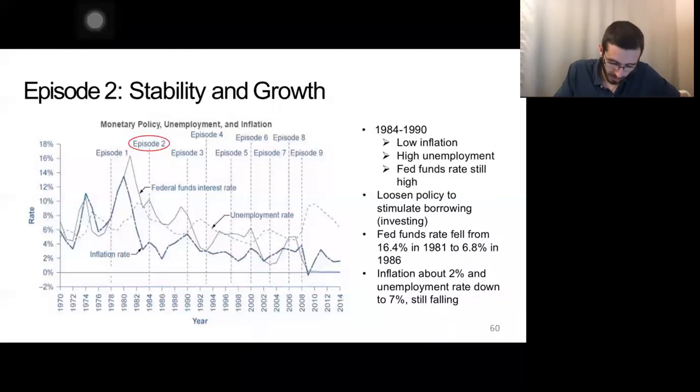In the second one, if we're going to engage in expansionary monetary policy, you should see a lower federal funds rate, which was done in 5 years. They lowered it pretty much 10 percentage points, and you can see that as the federal funds rate lowered, inflation picked up a little bit, but unemployment also went down, pretty much as we expected.